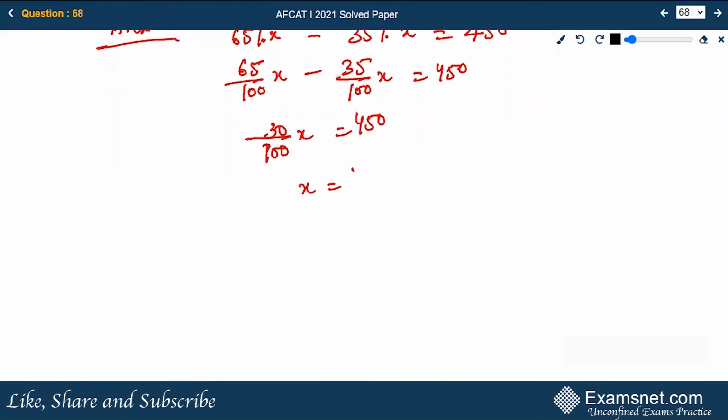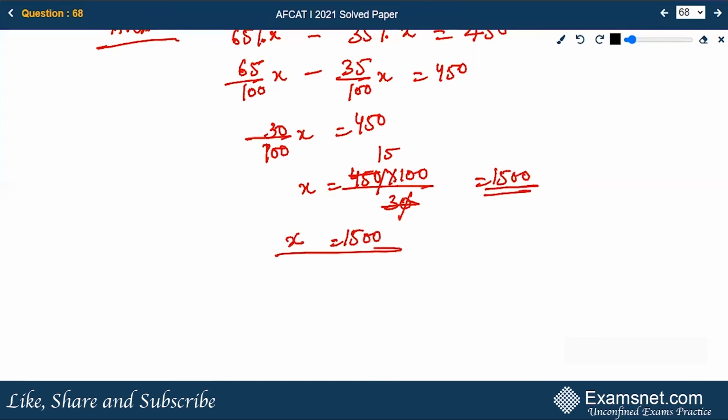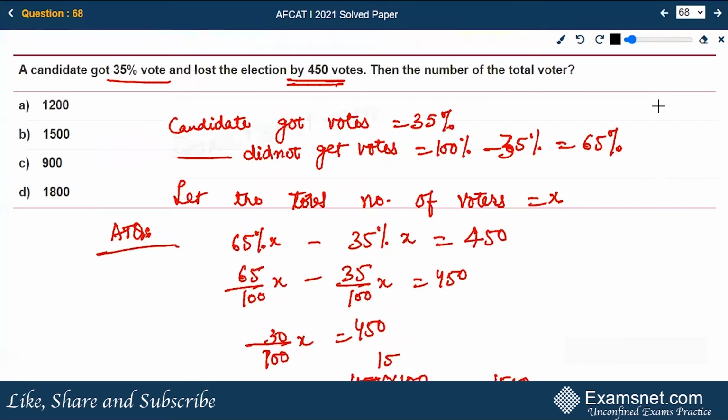X is equal to 450 multiplied by 100 divided by 30. So 1500. So the total number of votes is 1500, which is option B.